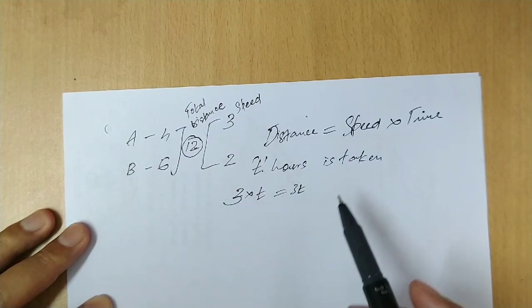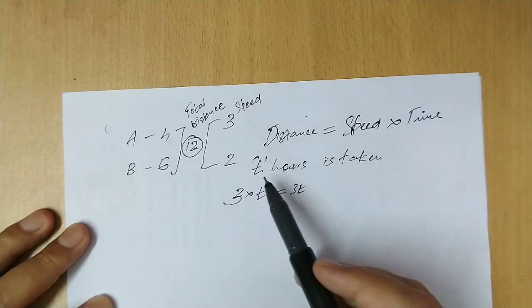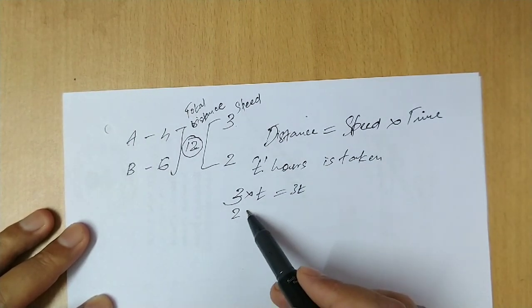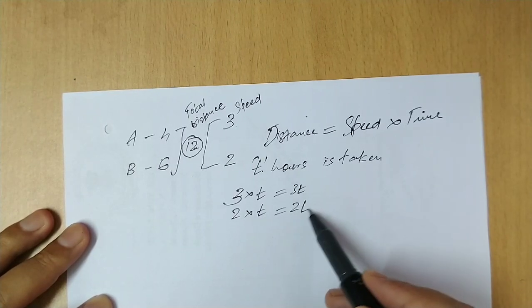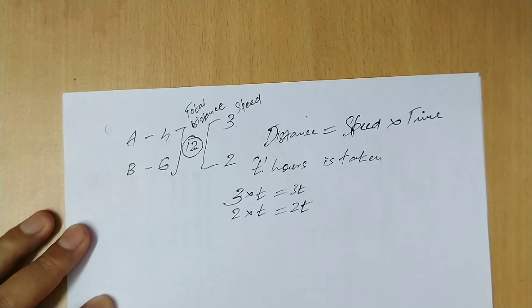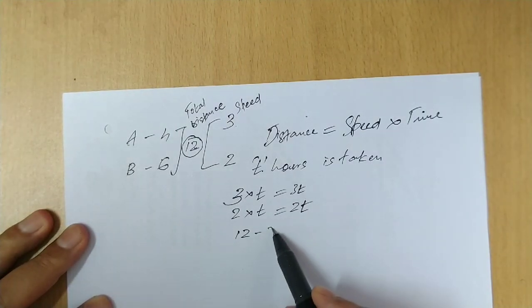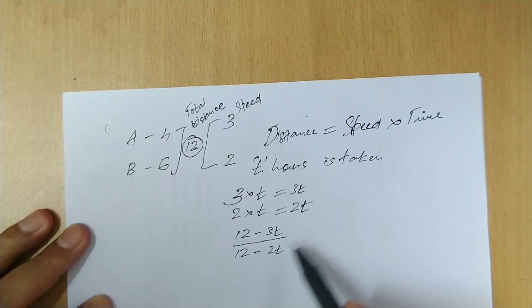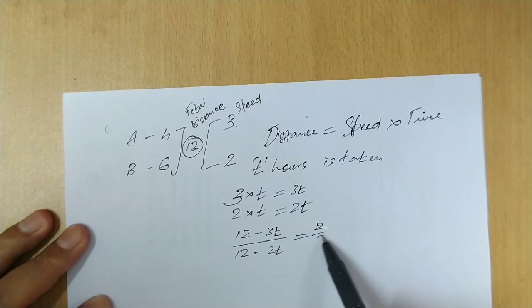And the second candle, if it burns for T hours, will move a distance of 2 into T. So as per the question, 12 minus 3T and 12 minus 2T, the ratio is 2:3.